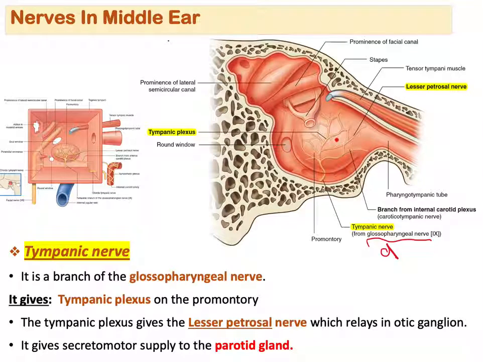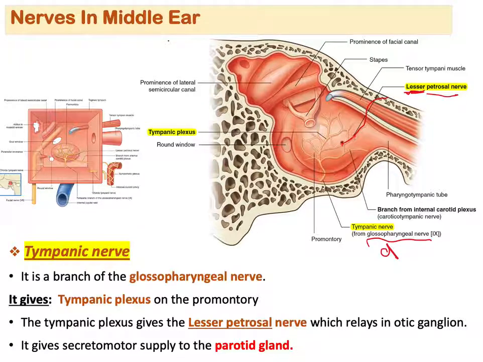Also, it supplies the mastoid cells and the auditory tube, and not just that, but it also gives a branch. This branch is the lesser petrosal nerve. You remember that the middle ear is located in the petrous part of the temporal bone, which is easier to remember.